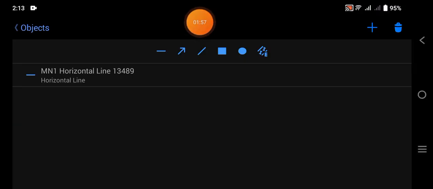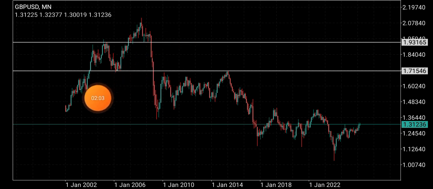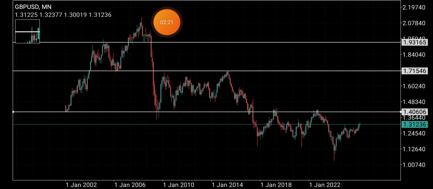So if I mark out my zones as it is now, I now know that price went up, came down, went up, came down here. It kept doing the movement and then finally it got retested again and it broke to the downside. So I would be having another zone I marked out somewhere around here.